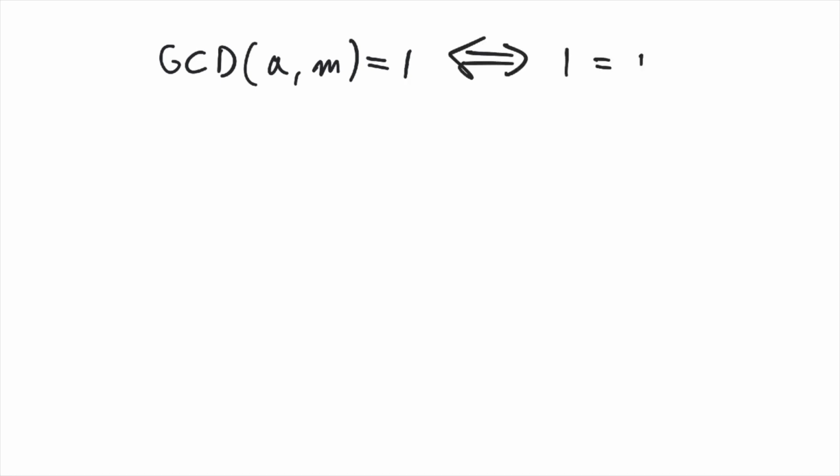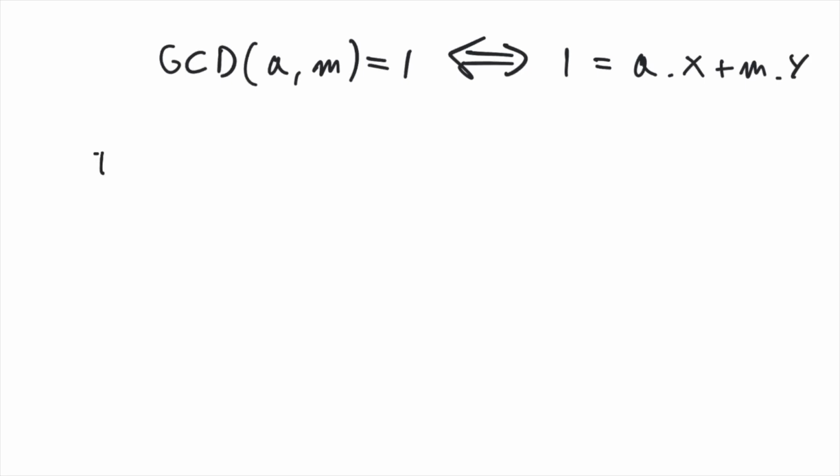So why is Euclid's algorithm useful to compute inverses? Well, we can prove that the greatest common divisor of A and M being 1 is equivalent to the statement that 1 can be expressed as A times some number x plus M times some number y.